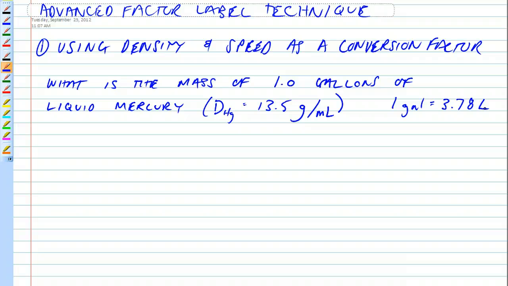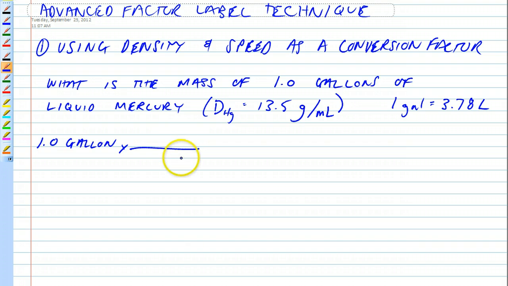Now, remember, don't start with the conversion factor, start with the quantity. So I look up here, and what do I start with? 1 gallon, right. I'm looking for the quantity that's not a ratio, and in this case it's 1 gallon, and I'm going to start with that.